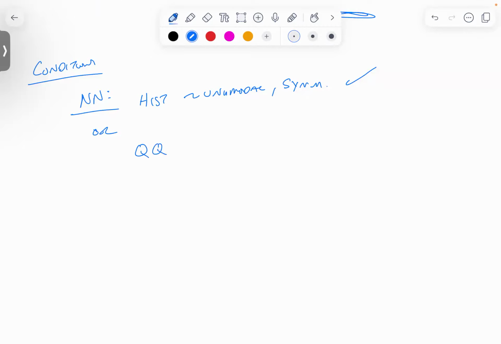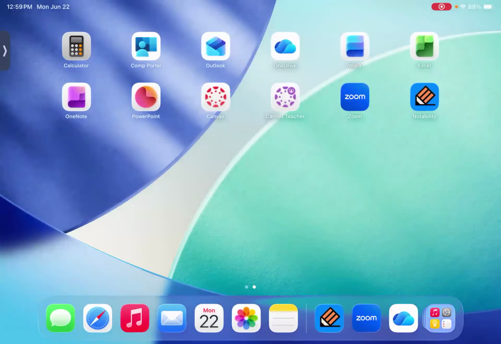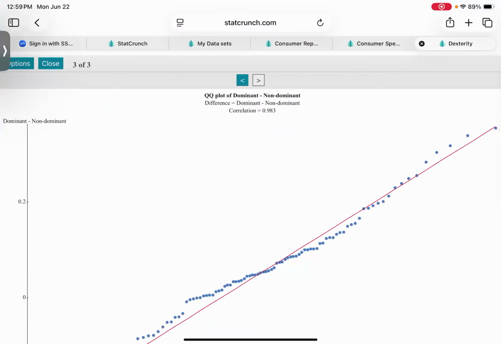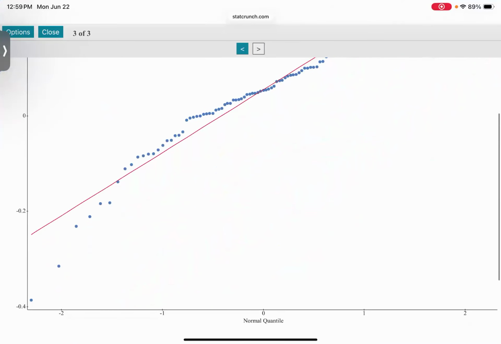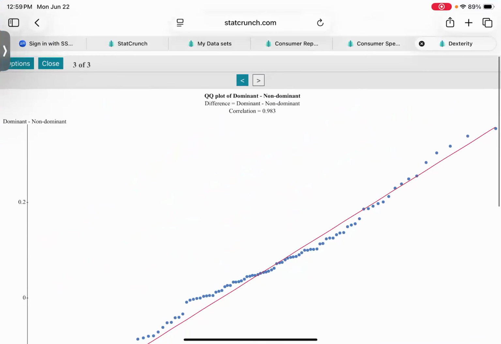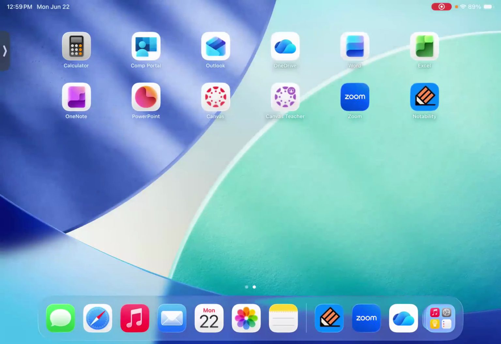QQ plot. QQ plot looks just fantastic. Values fall on the line. I do not see an S shape.